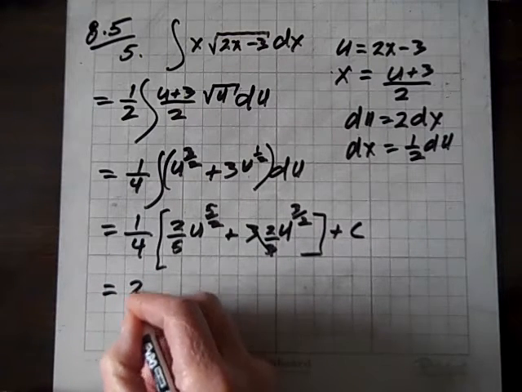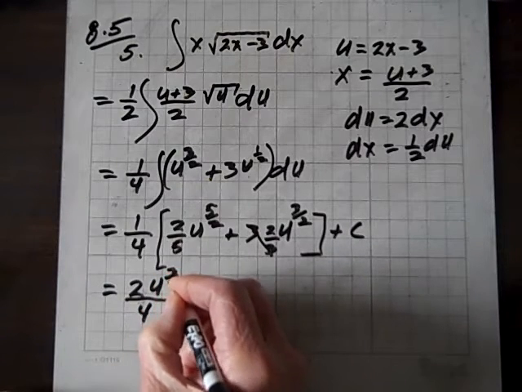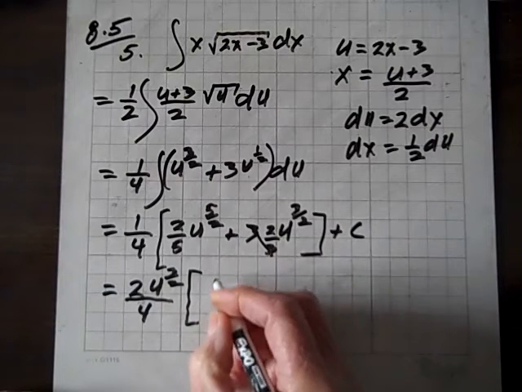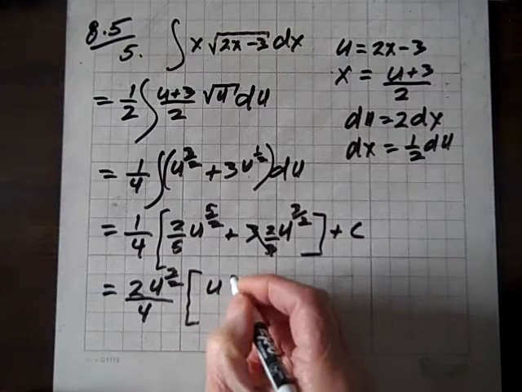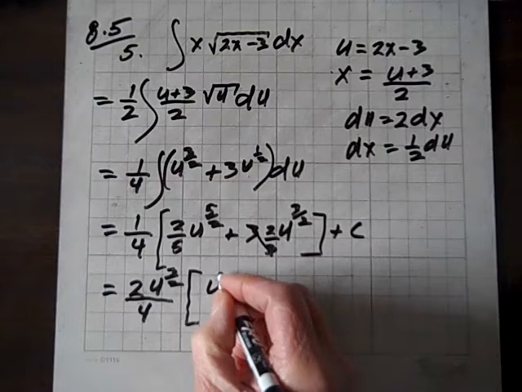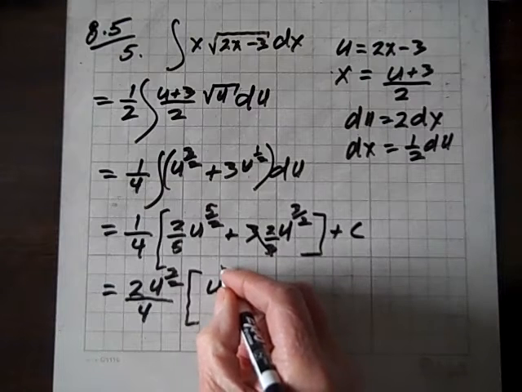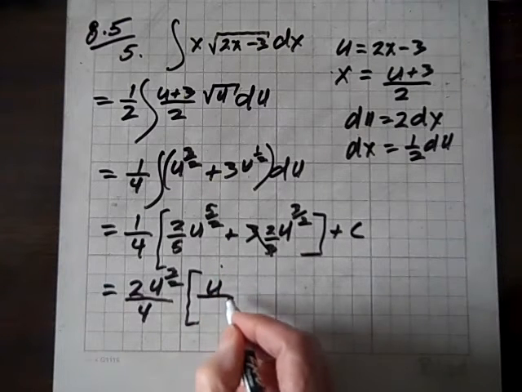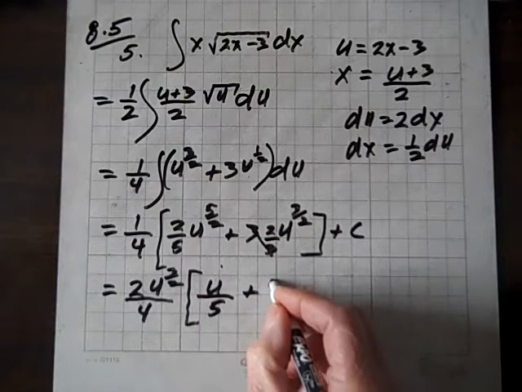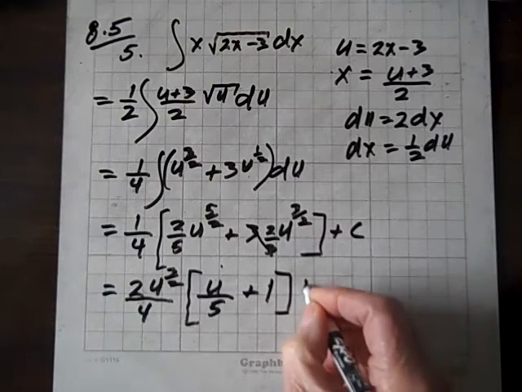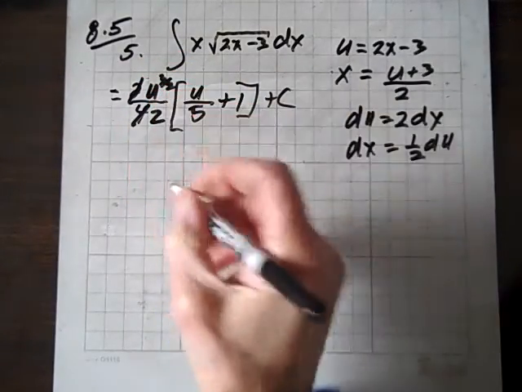So we've got 2, and that's going to be over 4, u to the 3/2, and inside we have u to the first over 5 plus 1 plus c. Okay, and 2 goes into 4 twice.